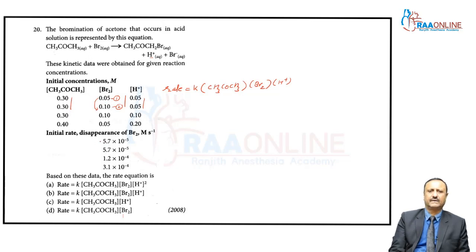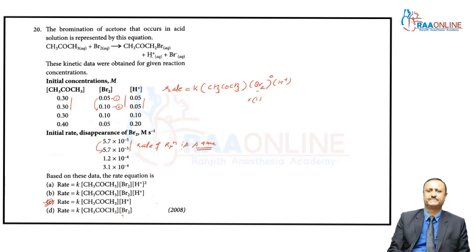Then we can see that the rate of reaction is unaffected, it is the same. If the rate is the same, it means it is a zero order reaction for Br2, and any number to the power 0 gives 1. So only option C is correct, because Br2 is not present there, while in the other options you can see Br2.